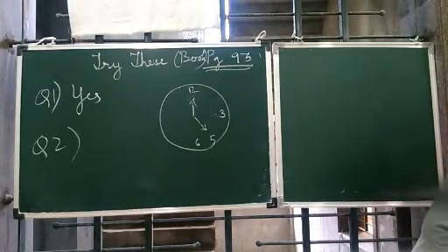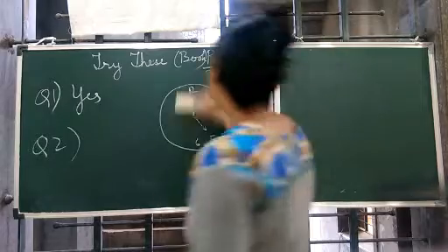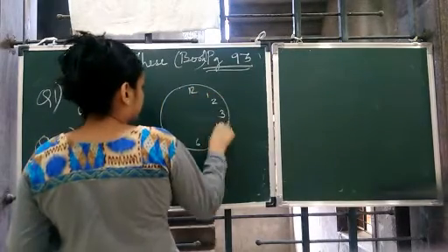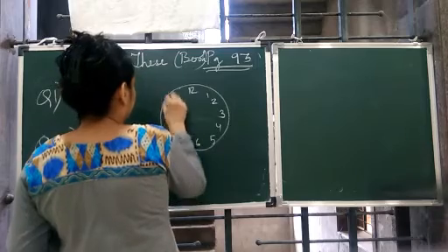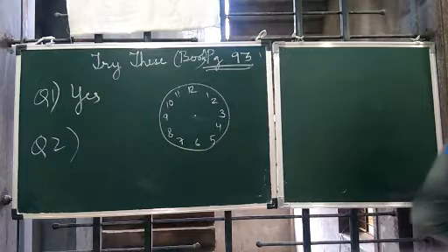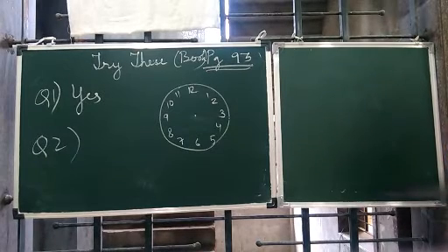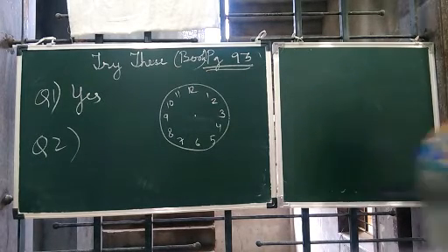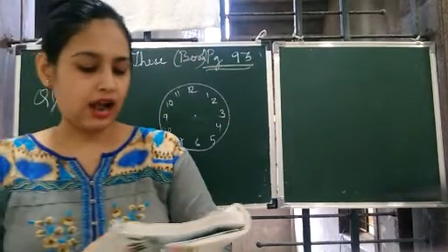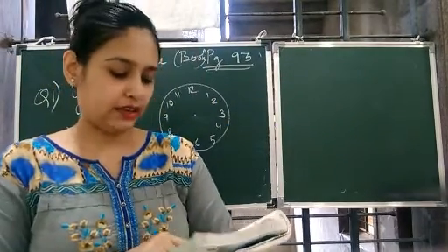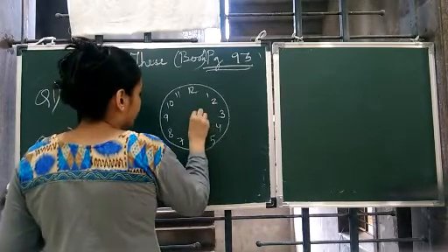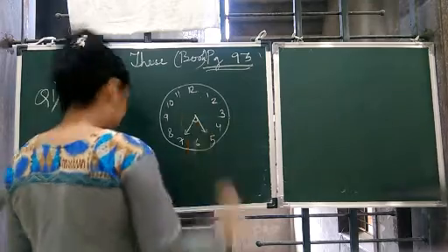Then we go to question number 2. What does the angle made by the hand of the clock look like when it moves from 5 to 7? It starts from 5 and moves up to 7.